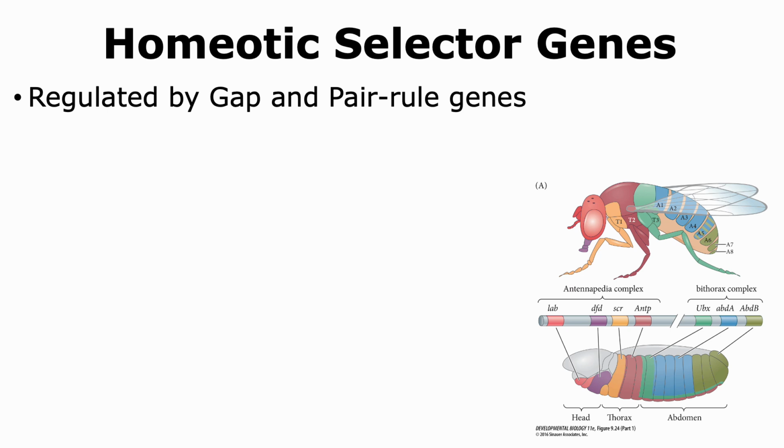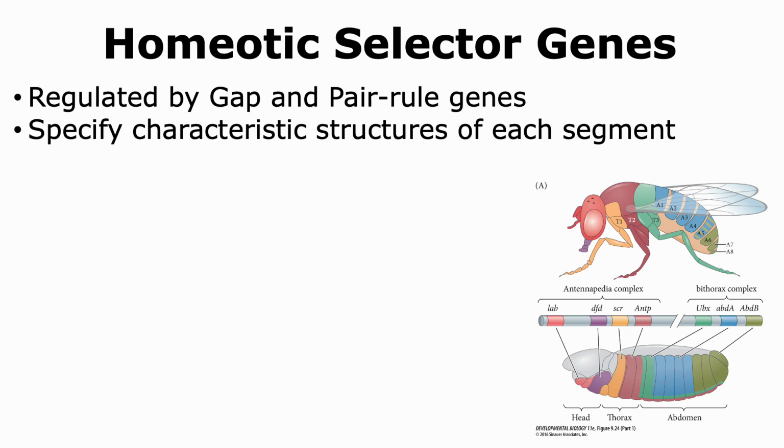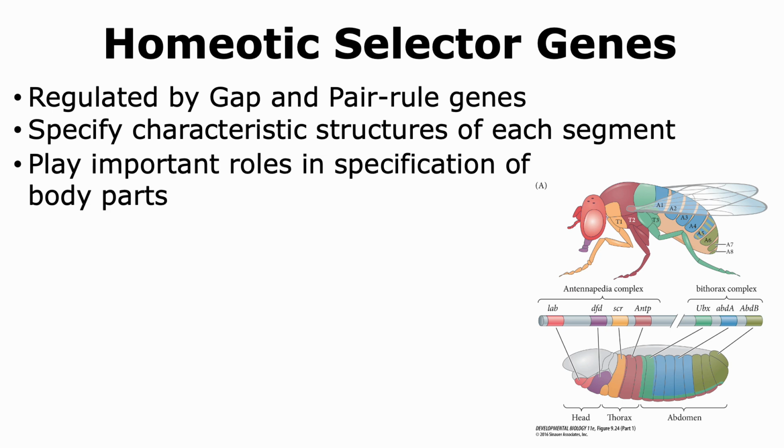Another set of genes that play a very important role in the development process are homeotic selector genes. Now, after the segmental boundaries are set, the gap and pair-rule genes regulate the expression of a class of genes which are the homeotic genes. The homeotic genes specify the characteristic structures of each segment, and thus they are responsible for specification of the fly body parts.